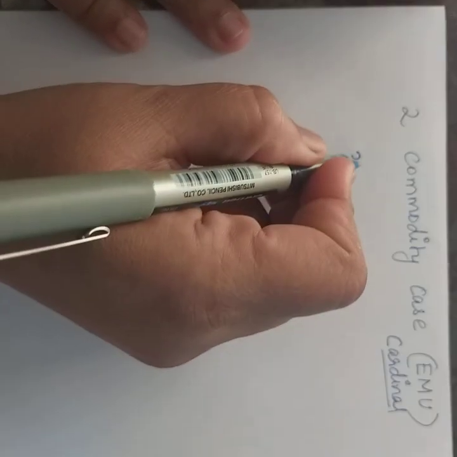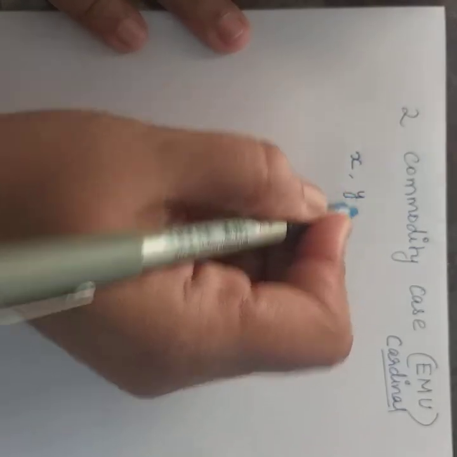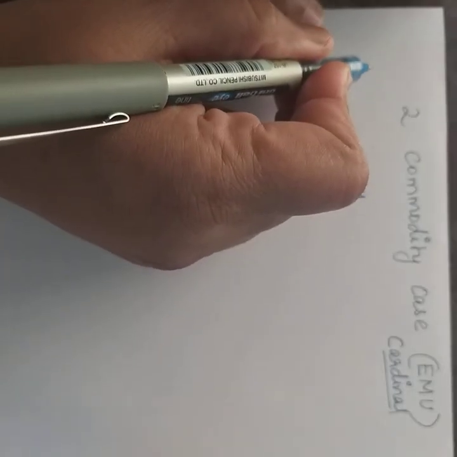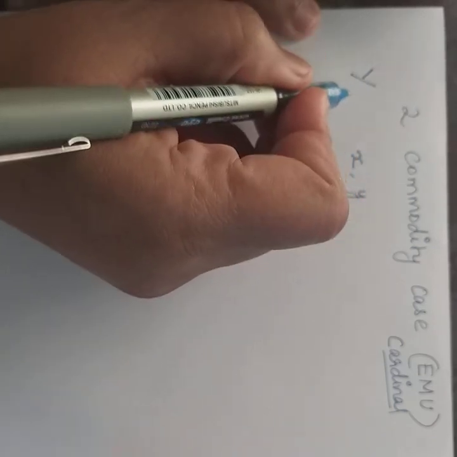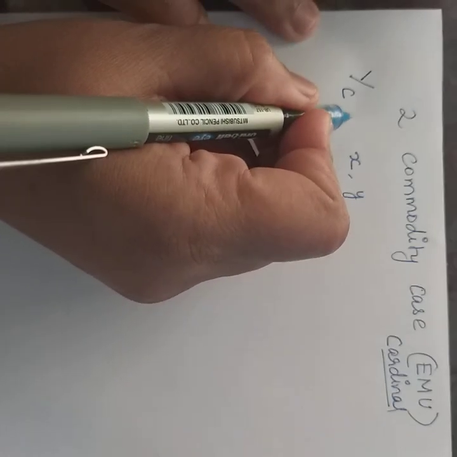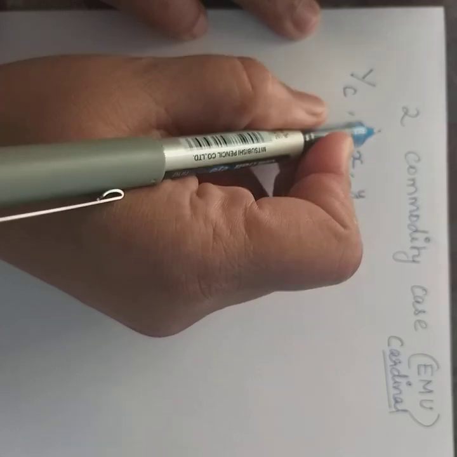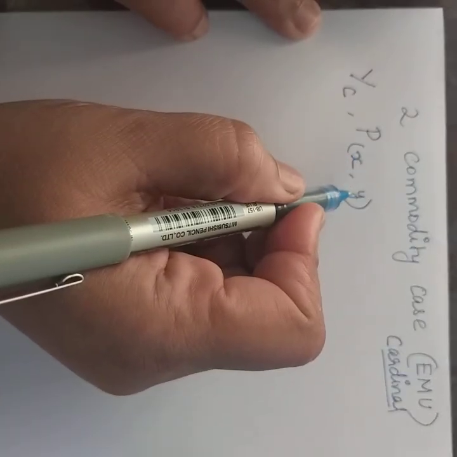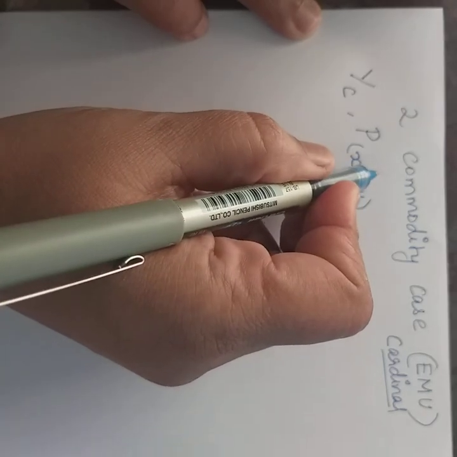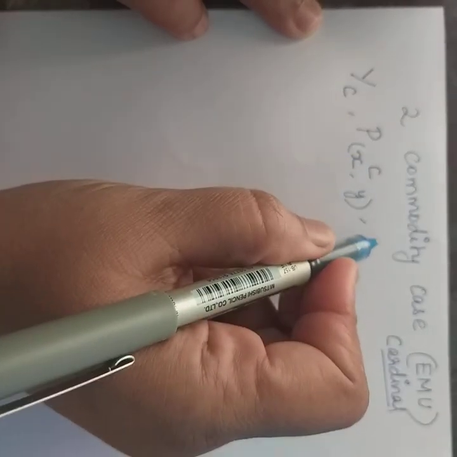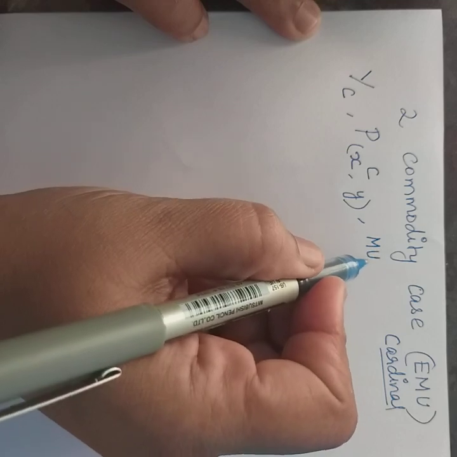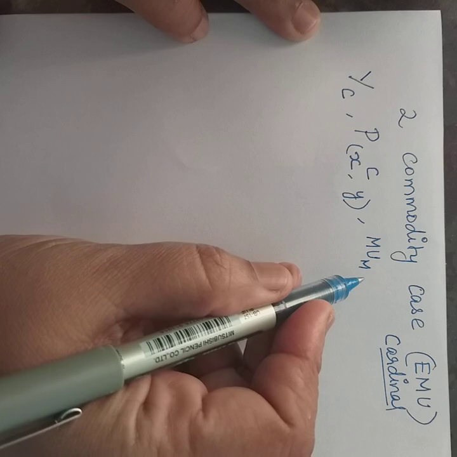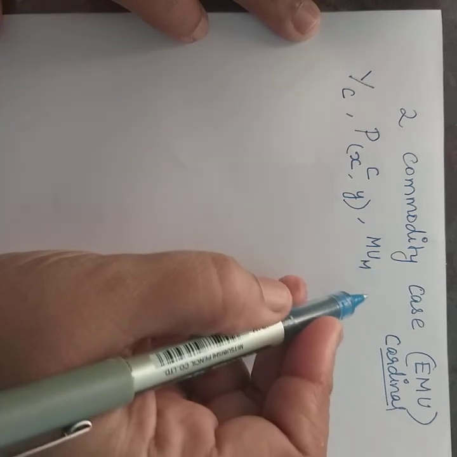Even as a consumer is going to spend the income on purchase of two commodities, let's assume X commodity and Y commodity. As per the assumption, the income of the consumer will be given and that would remain constant. And price of both the commodities X and Y will also remain constant, and marginal utility of money which the consumer is going to express, right?